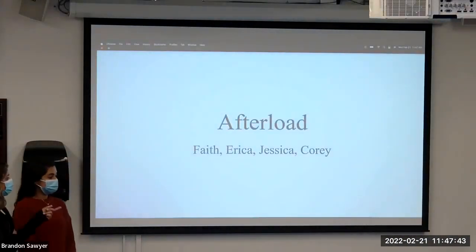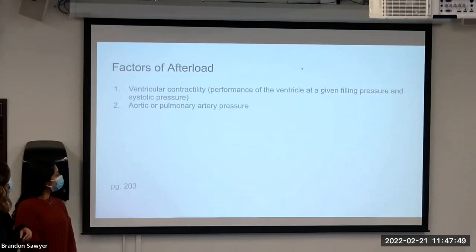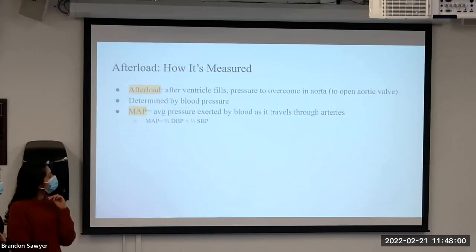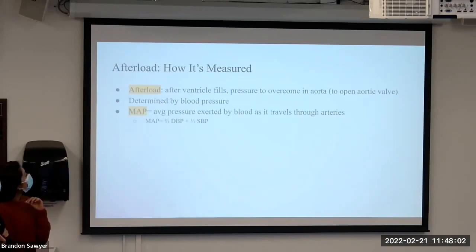Okay, so we have afterload. Factors of afterload are ventricular contractility and aortic or pulmonary artery pressure. Going into that a little bit more, afterload is just, after the ventricle has filled, the pressure that the heart needs to overcome to pump the blood out of the artery.